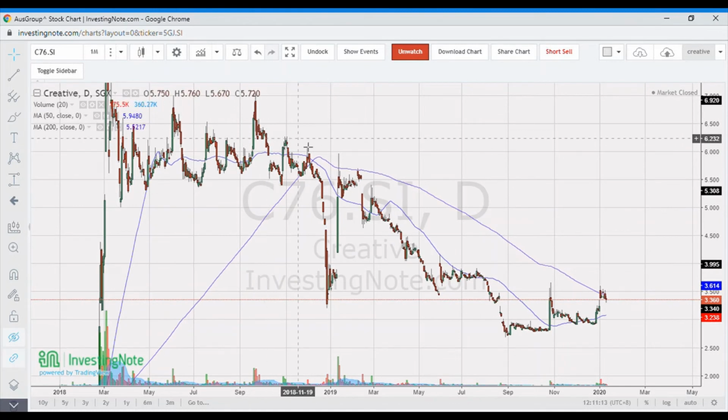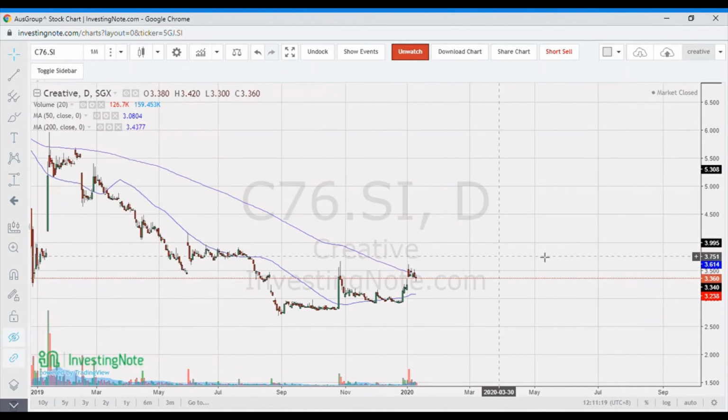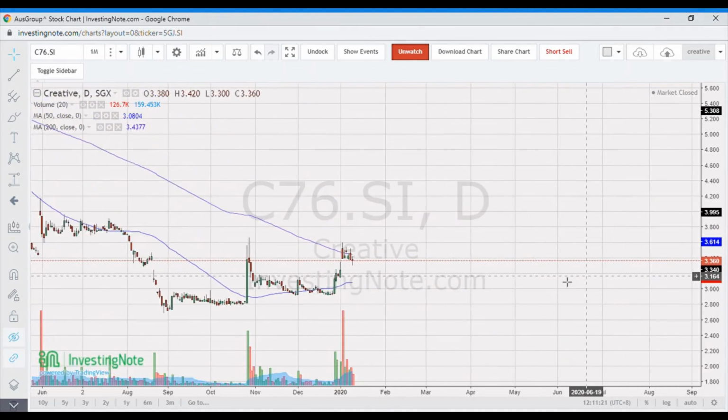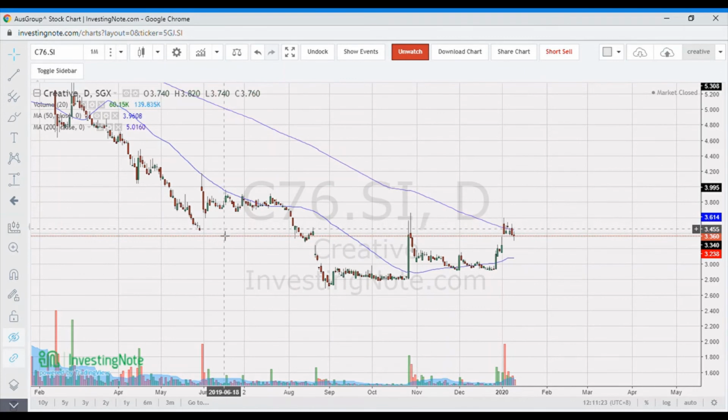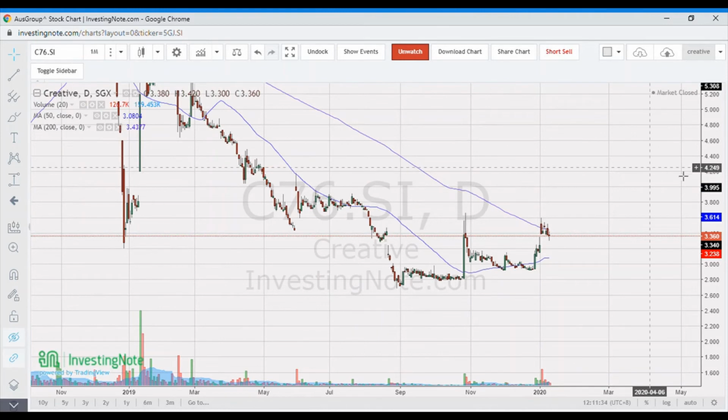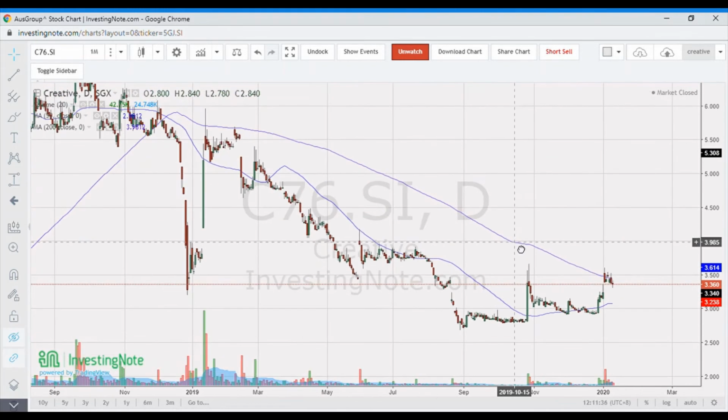It has been a long-term downtrend, and recently it broke higher, and now it is at a very interesting price point. Firstly, you can see there's some kind of resistance line down here at the $3.40 mark. But more importantly, it sort of respects the 50 days moving average.